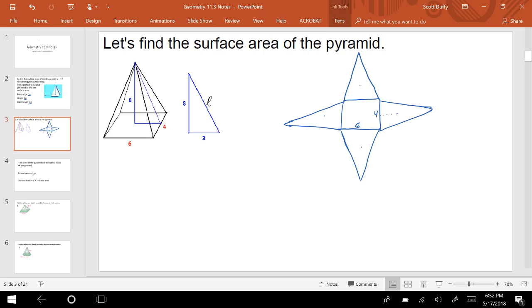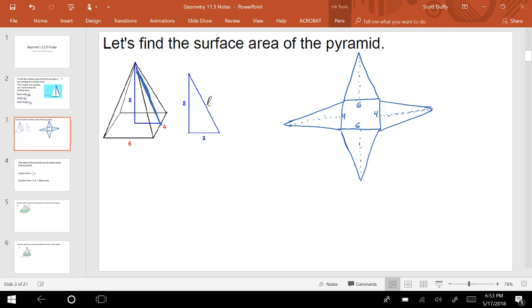What we need to know then is the area of all of these triangles. So we need to know the height of each of these triangles. We know their bases: 6, 4, 6, and 4. What is that slant height? These dotted lines that I'm drawing correspond to this edge right here.